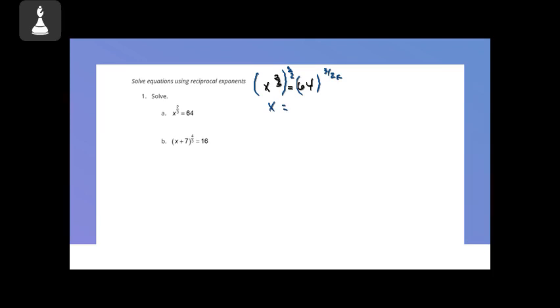So this means take the square root of 64 and then cube that answer. Well, the square root of 64 is 8, and if I do 8 cubed, I will get 512. So that means x equals 512, and 512 to the 2/3 power gives 64.